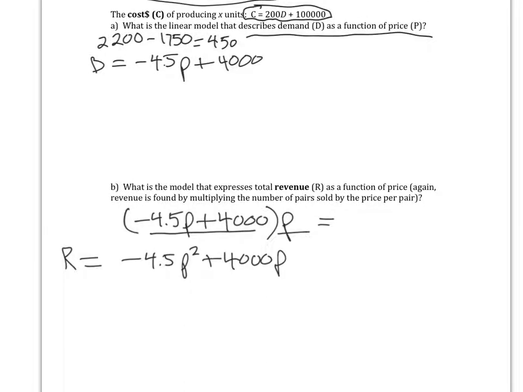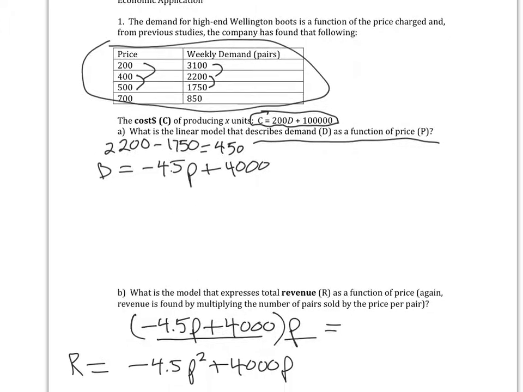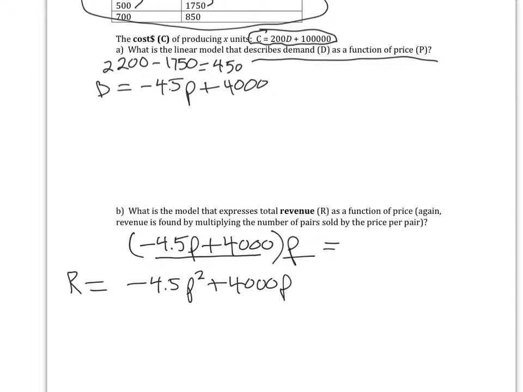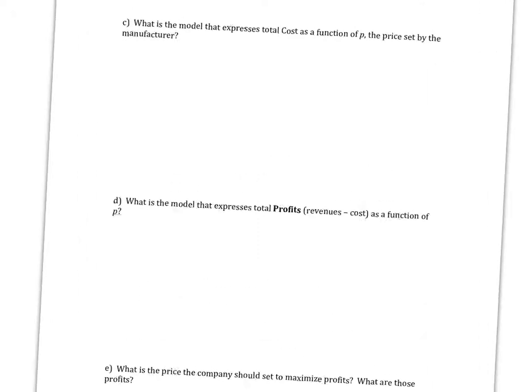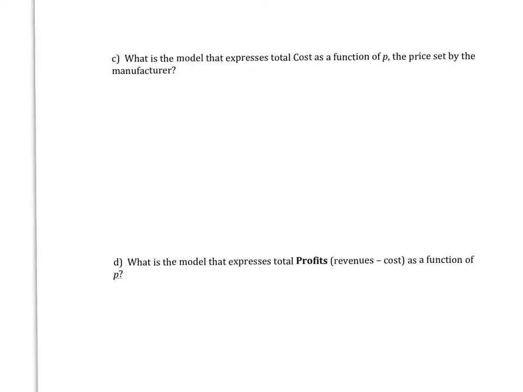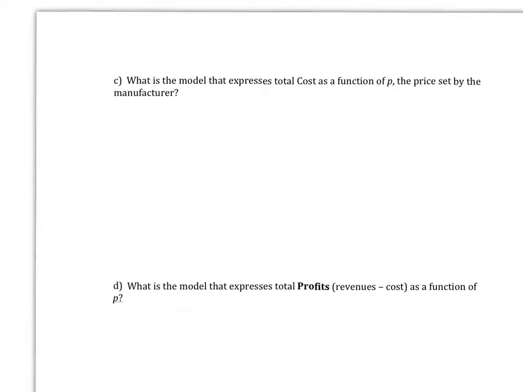Recall, we have that cost was given by the equation 200d plus 100,000. So then we go on to our next question: what is the model that expresses total cost as a function of p, the price set by the manufacturer? Well, as you recall, 200d plus 100,000 is our cost.